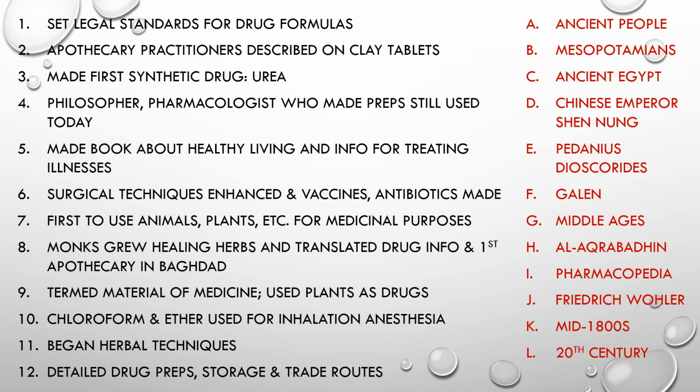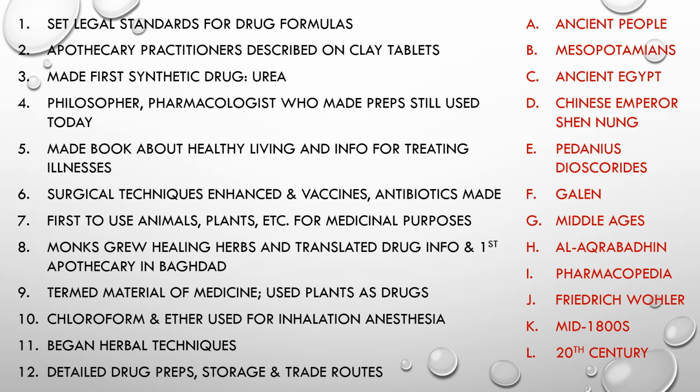The philosopher pharmacologist who made different preps that are still used today is Galen. These individuals made a book about healthy living and also information about treating illnesses: ancient Egypt. Surgical techniques were enhanced, and we saw vaccines and antibiotics being made. That was in the 20th century.